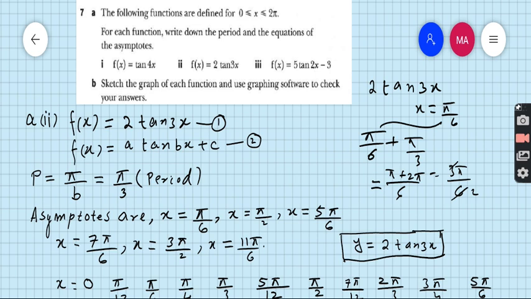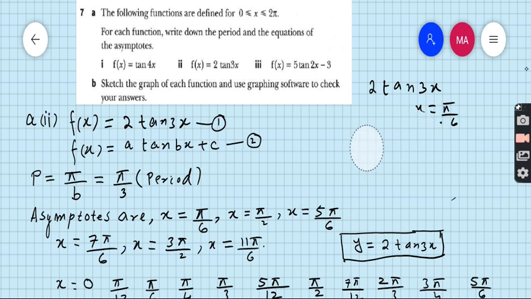So the second asymptote occurs at the angle pi by 2. If you find tan of 3 into pi by 2, you will get a math error. So this is the second asymptote. Similarly, you can find each asymptote by adding the period to the previous asymptote.